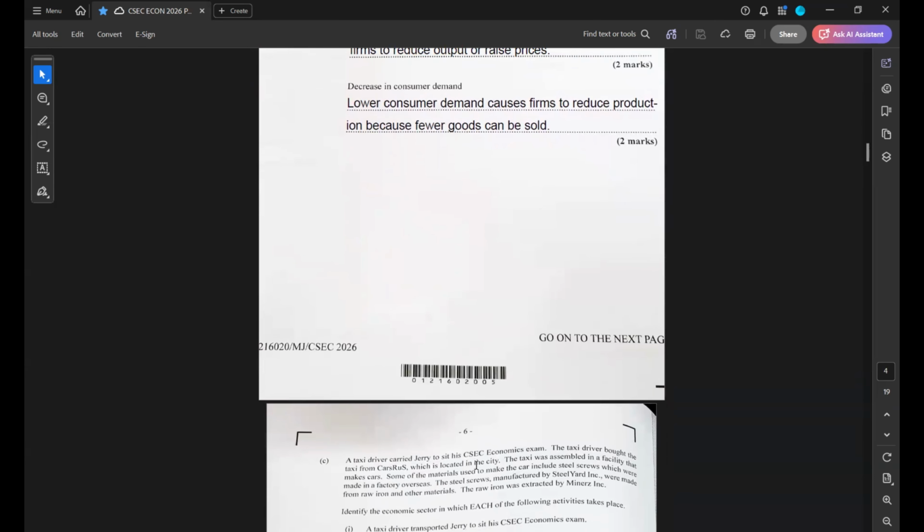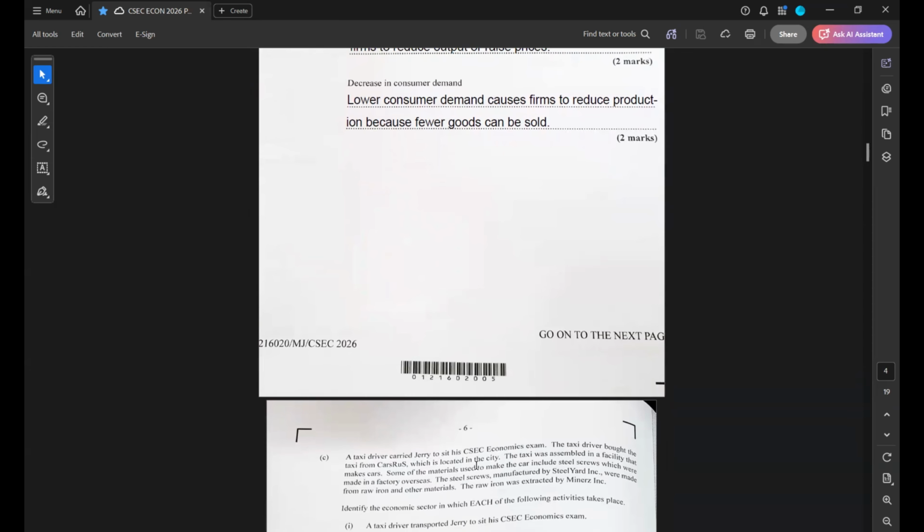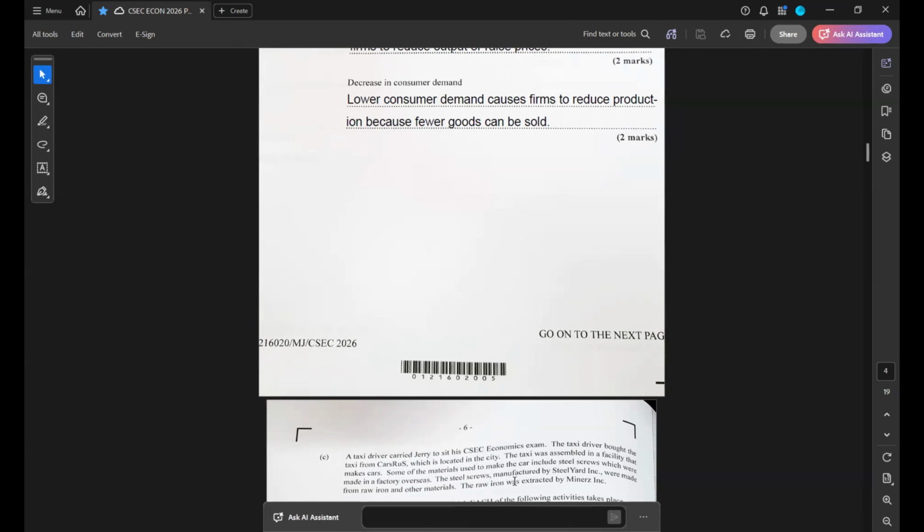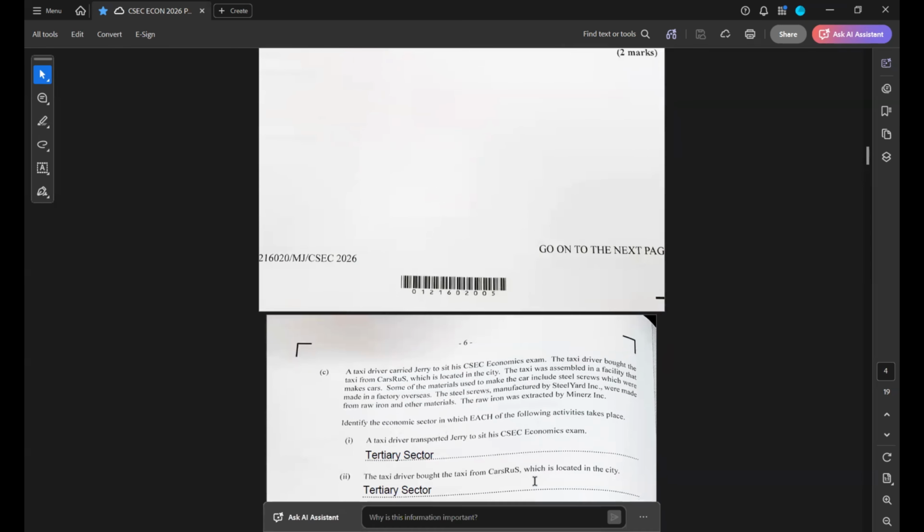Part C. A taxi driver carried Jerry to sit his CSEC economics exam. The taxi driver bought the taxi from Cars R Us, which is located in the city. The taxi was assembled in a facility that makes cars. Some of the materials used to make the car include steel screws, which were made in a factory overseas.